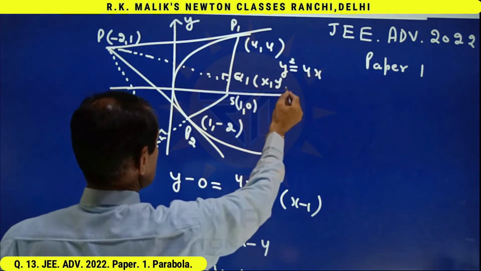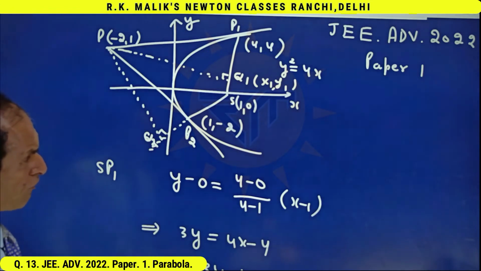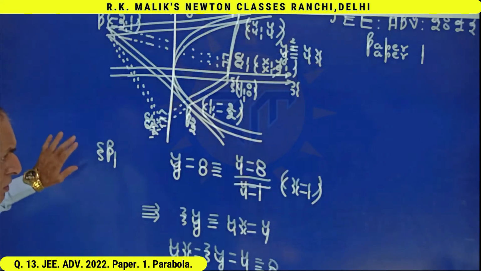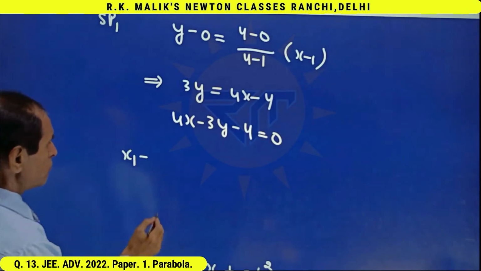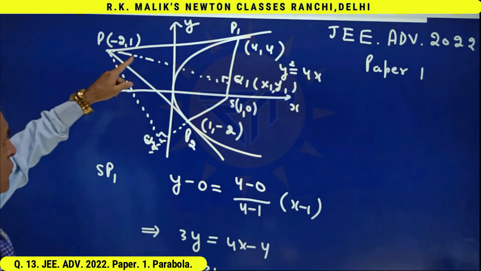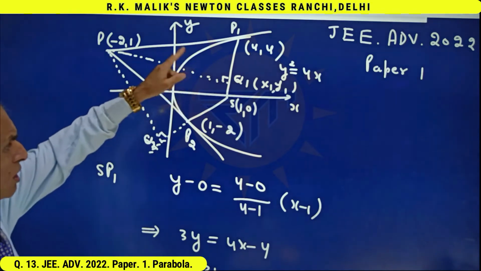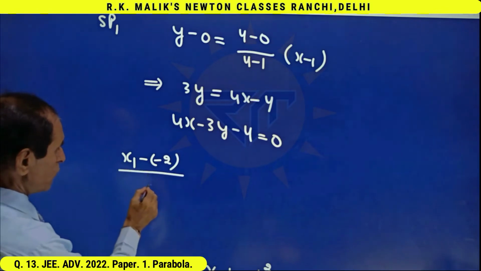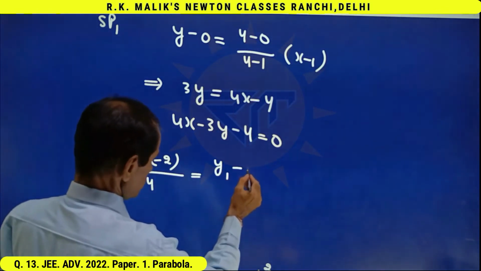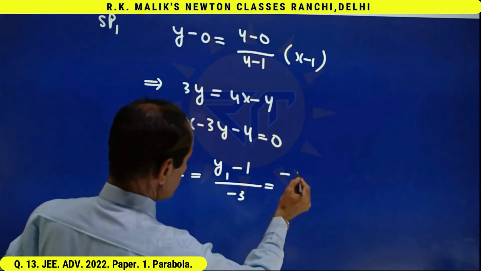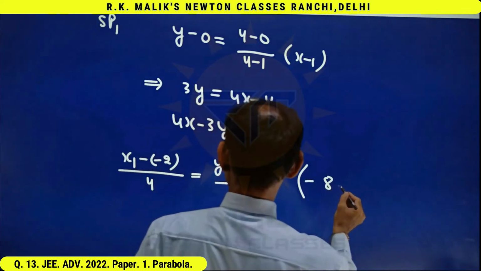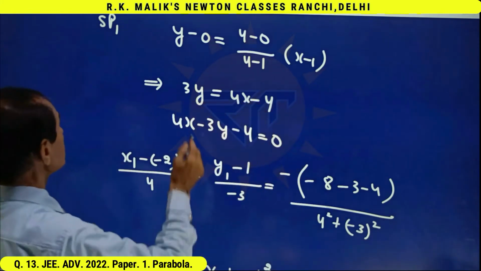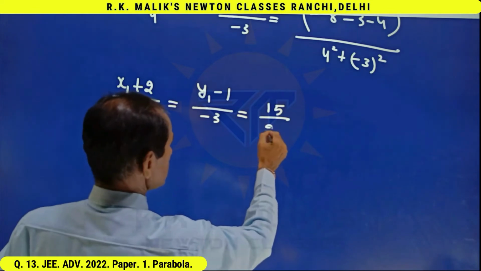Let this point be (x1, y1). Then according to the formula for finding the foot of perpendicular from a point on the line, which I think all of you must know, I get the result: (x1 minus (minus 2))/4 equal to (y1 minus 1)/(minus 3) equal to minus (minus 8 minus 3 minus 4)/(4 square plus (minus 3) square), which is upon 25.